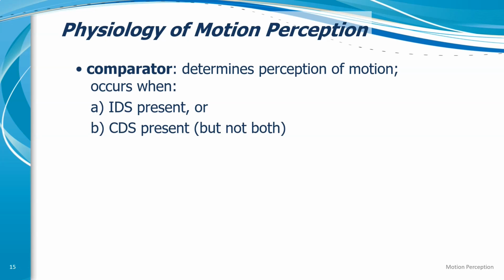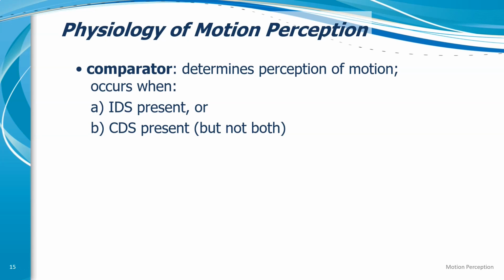So let's just take them one by one. If we have an IDS but no CDS, what that means is there's something moving across your retina, IDS, but your eyes are not moving, no CDS. Second case is there is no IDS, but there is a CDS.